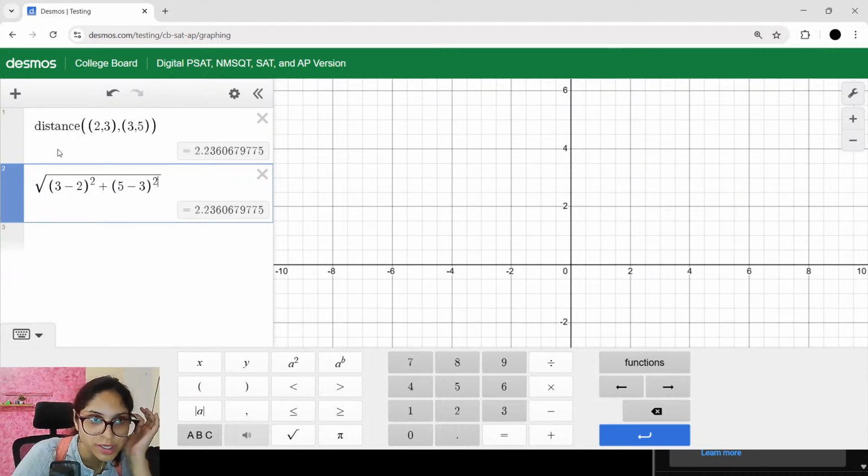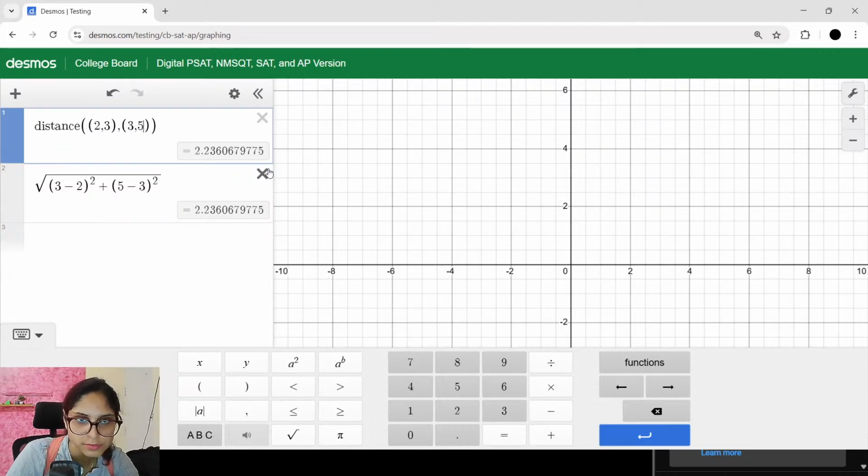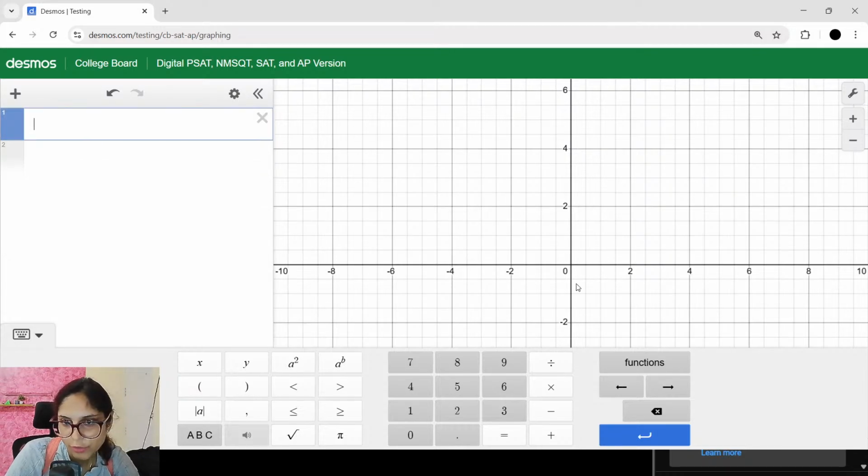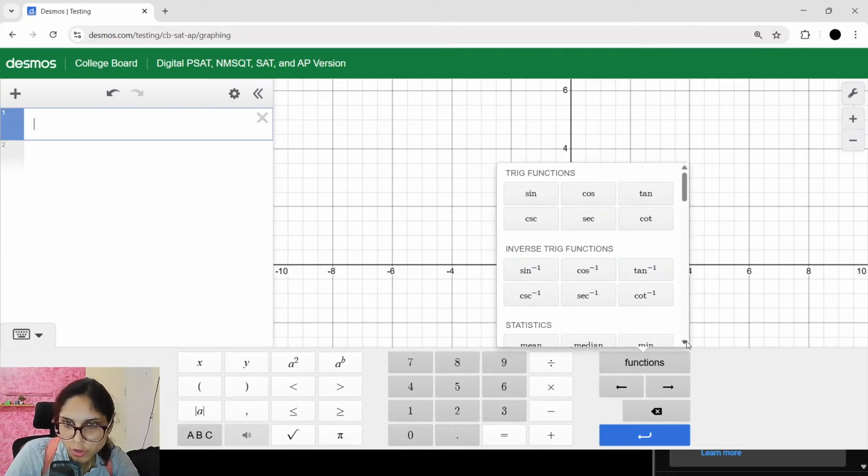It's the same thing. And now you will be wondering why I'm not getting any conversion from decimal to fraction over here, because it's an irrational number. An irrational number cannot be written in the form of p over q. So that is why you're not seeing it over here. All right. So if you forget the formula, you can directly get the distance from here. So this is sort of geometry.